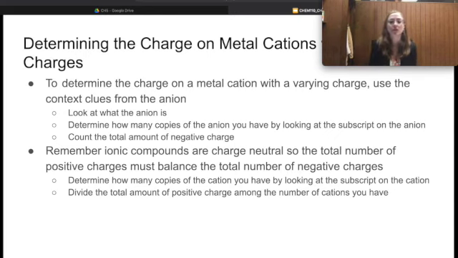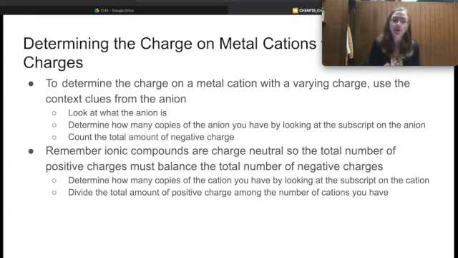In sodium chloride, for example, we just have NaCl. If we just have one Cl, we have one minus charge, okay? However, if we have something like magnesium hydroxide, we'd have Mg(OH)2, with OH in parentheses and a subscript 2. So we'd have 2 copies of our negative ion, and our total amount of negative charge is going to be 2 minus in that case, okay?